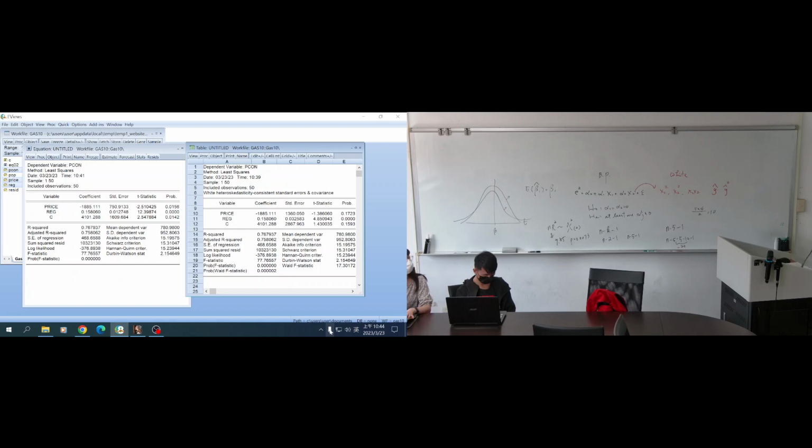Since we expected the sign to be negative, it means a one-sided test. If I divide by 2, 0.1723 becomes less than 10%. Agree with me?